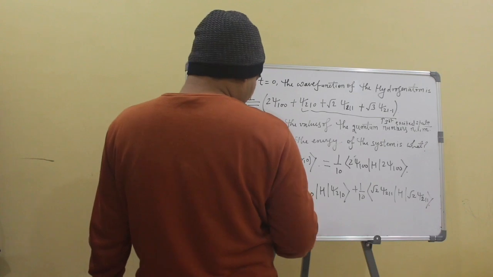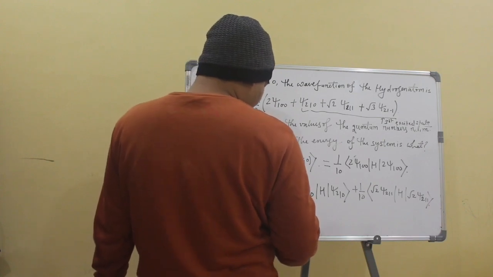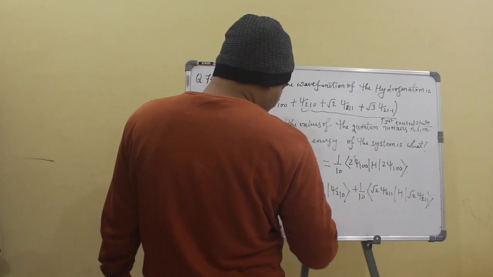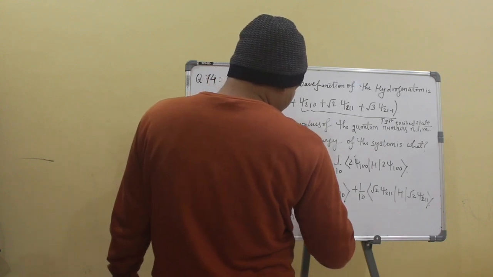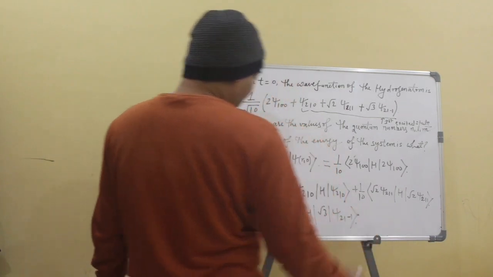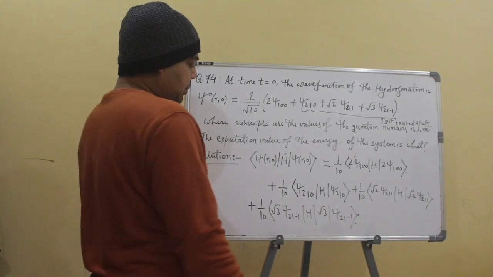Similarly, 1 by 10 into root 3 psi 21 minus 1 H root 3 psi 21 minus 1. Now let us simplify it.